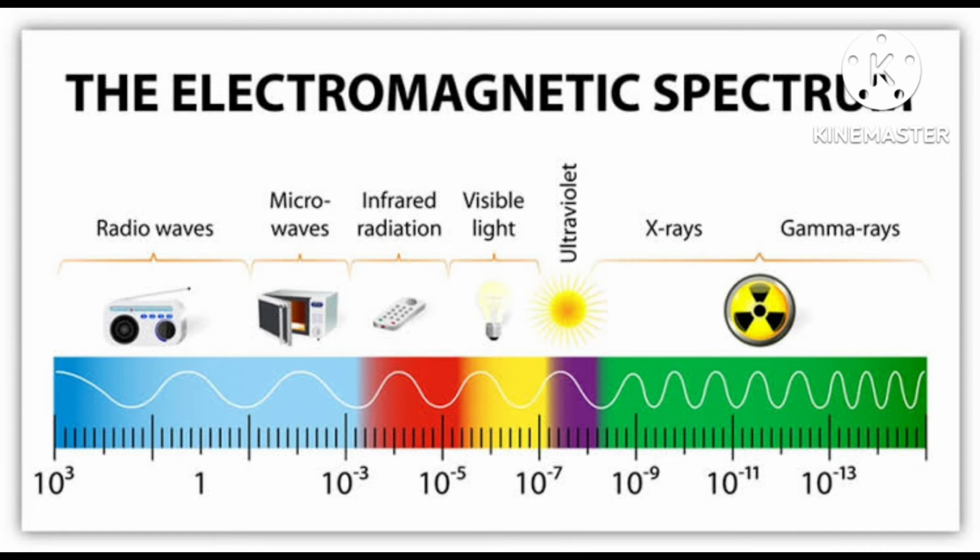Calculate the wavelength of the electromagnetic radiation emitted by the transmitter. Which part of the electromagnetic spectrum does it belong to? Very simple question. Here, what are they asking? Calculate the wavelength.